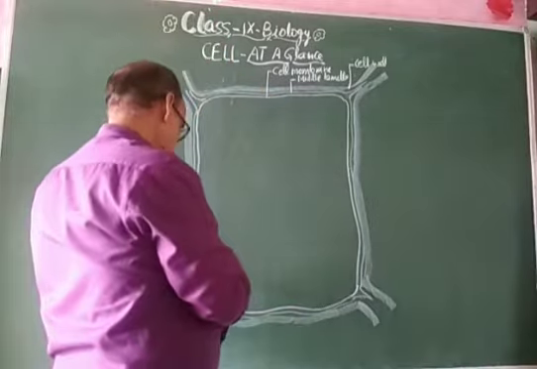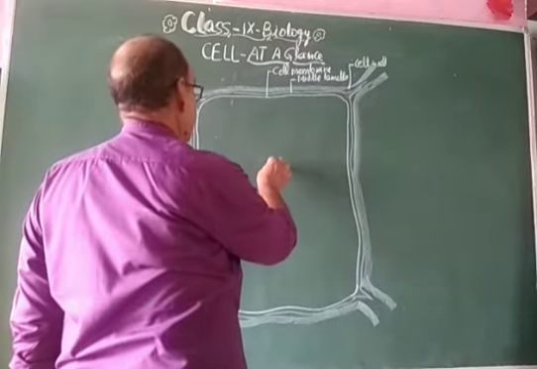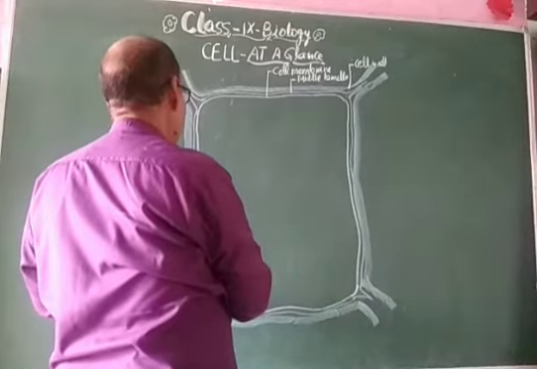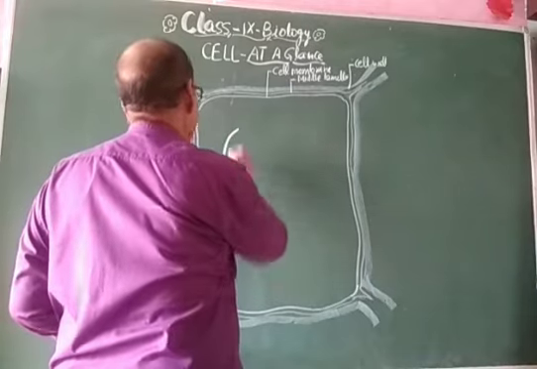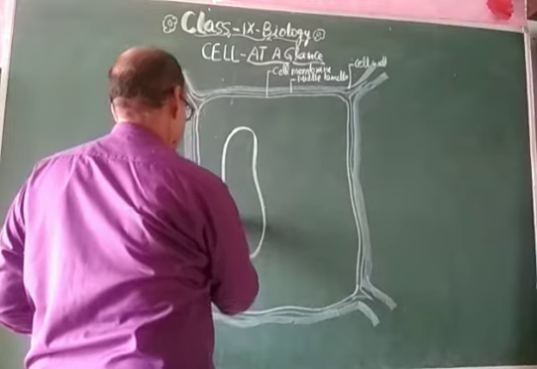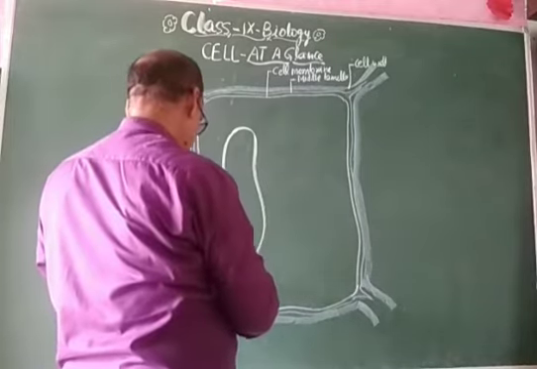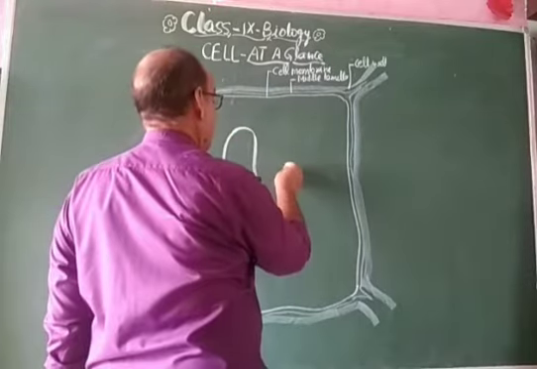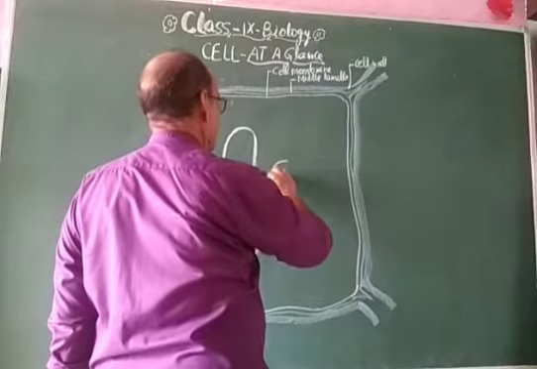And inside it, my dear students, in the center of this plant cell, there is a large vacuole. This is a large vacuole, and probably on the middle side there is a nucleus. So this is the nucleus.